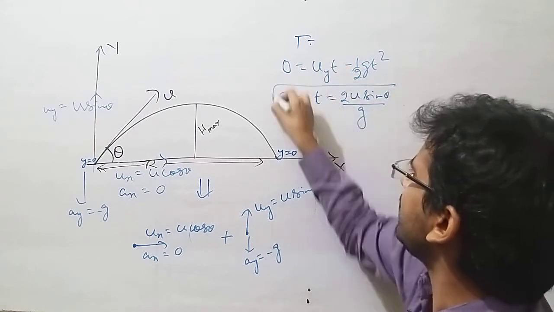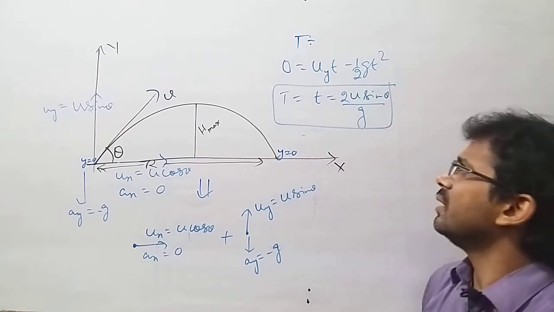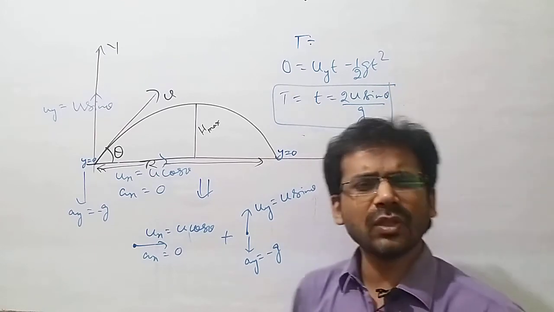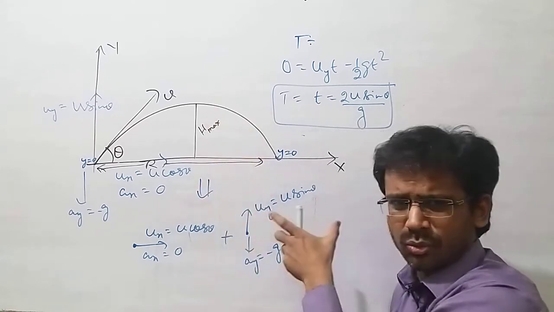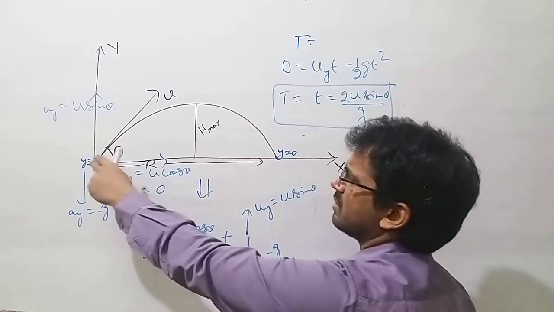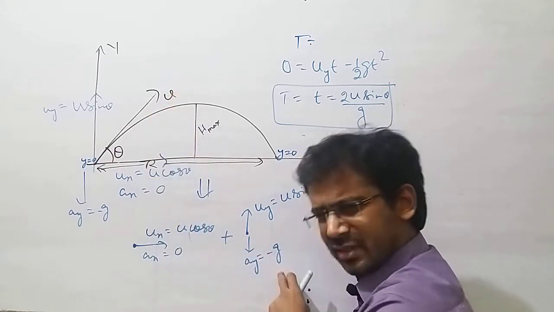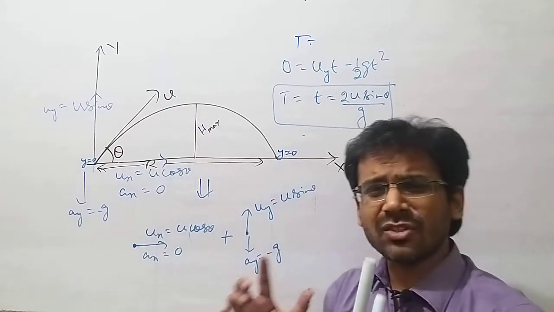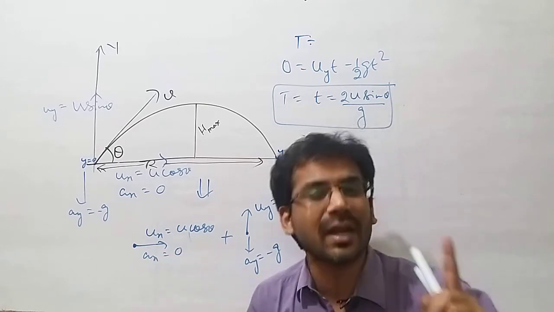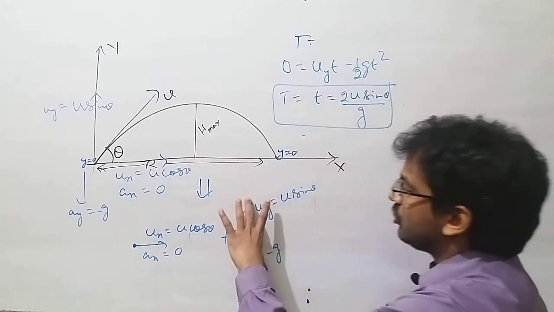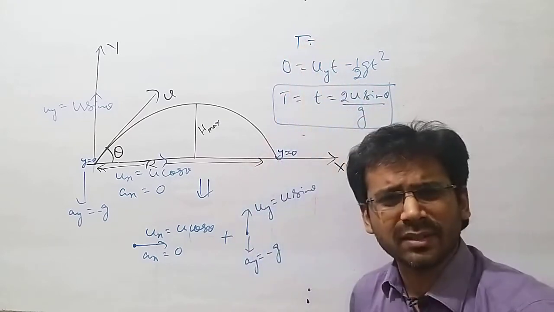So 2u sin theta by g gives you the time of flight. I hope this part is clear to you. I just broke this motion into two parts, considered them as horizontal and vertical motion, that is, motion in one dimension separately, and by this I calculated the time of flight.